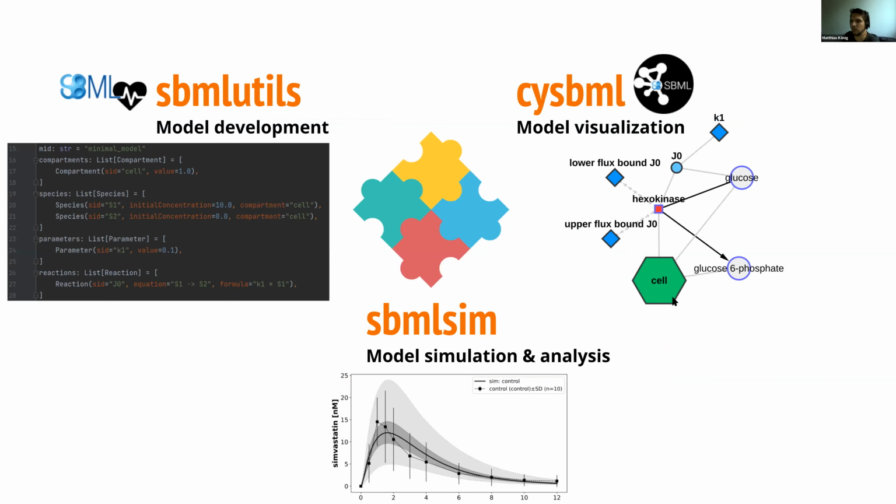So this is the high-level overview of what SBML utils is and can do, and it goes together with two other main building blocks: SEISML, which is a network visualization of SBML networks, and SBML Sim, which handles model simulation and analysis. The nice part is that all these are independent pieces which use SBML as an exchange format.